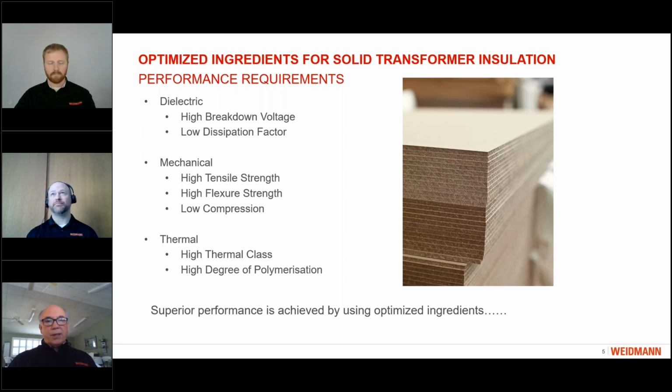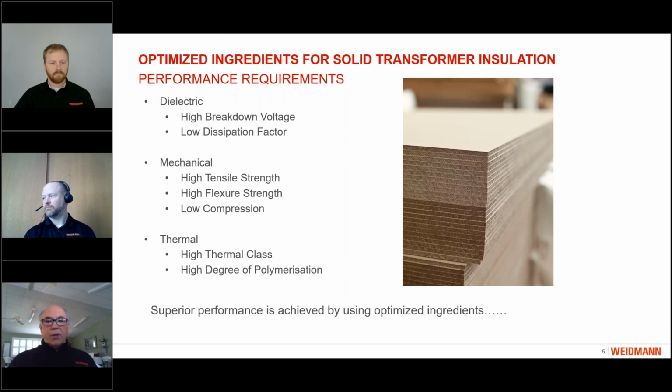But the material has to have high tensile strength, high flexure strength, also known as beam strength, and then low compressibility. And then from a thermal standpoint, we need to have a high thermal class and a high degree of polymerization, which is the length of the cellulose molecule as the board or paper starts off.